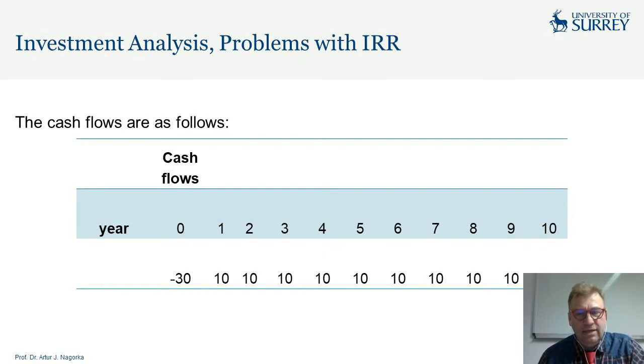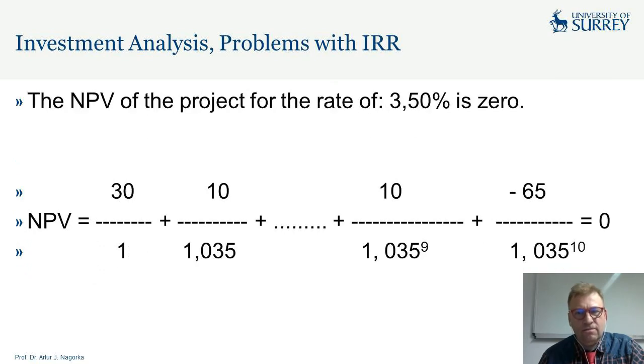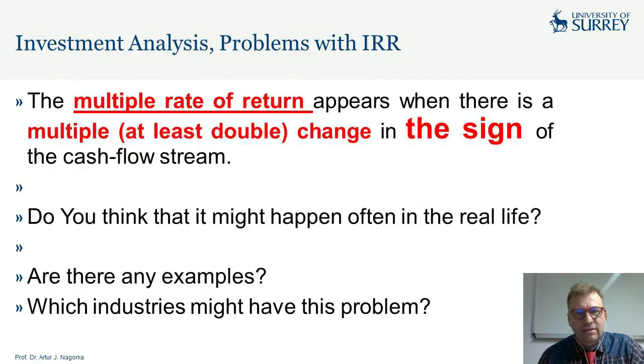And then, at the end, after year 9 to year 10, we have another change from positive to negative, from plus 10 to minus 65. So there are two. So when we have more than one, actually two changes, then we have the result that we have a multiple internal rate of return.